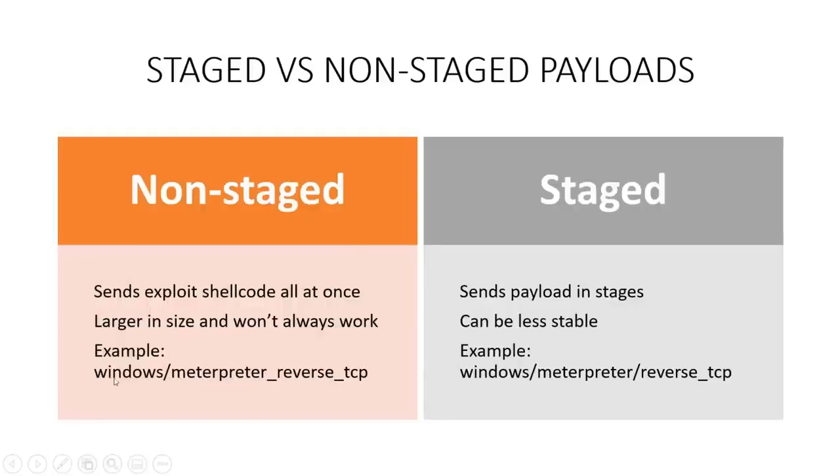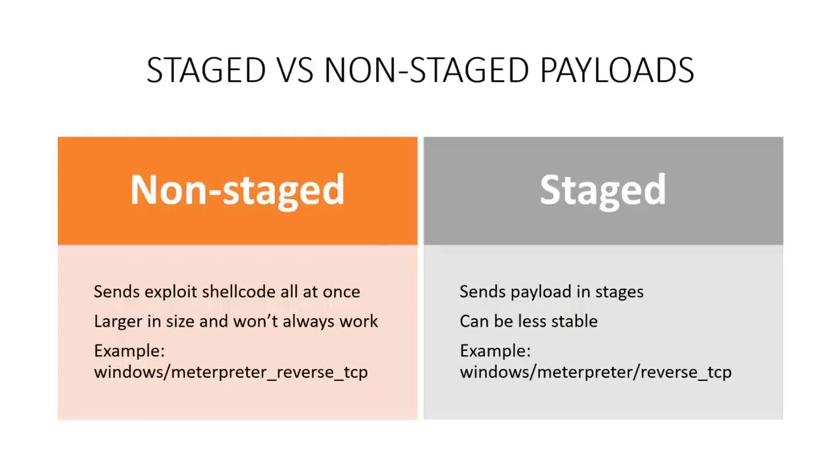We can ignore the Windows here. But where we see meterpreter/reverse_tcp, this means we have a staged payload. It's saying, hey, stage 1, stage 2, whereas the other is saying, let's send this all at once.